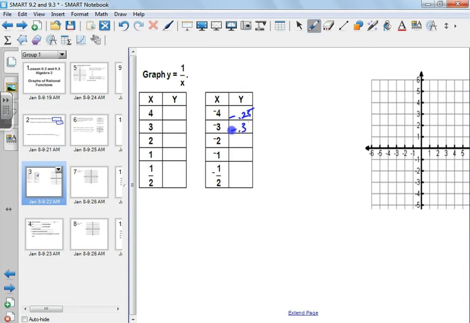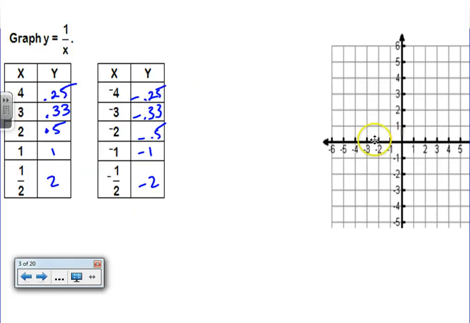So be careful when you graph. Two, 1, 1/2, 1/3, and 1/4. Okay, so you're going to graph this by plotting all those points.